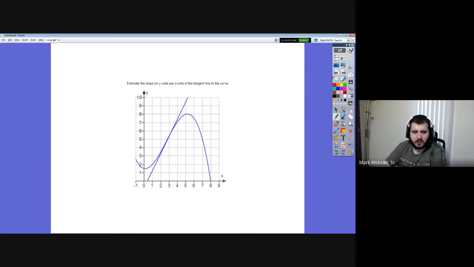You can't really just do this by eye necessarily, but here what they give you is the tangent line, and they want you to figure out about where that slope is. And it looks like you're going up one, if you're going over and up, it's about 2.